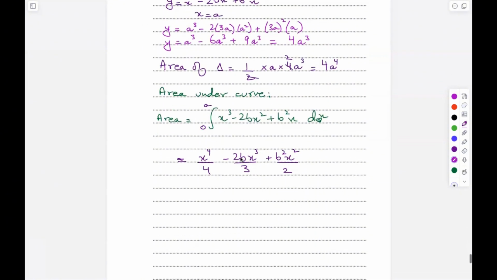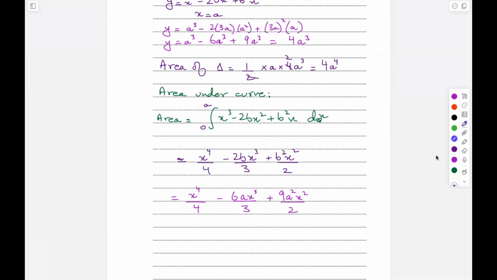Now we can substitute in place of b. We know that b is equal to 3a. So we can first write x to the power 4 upon 4 minus 6ax cubed upon 3, and substituting 3a up here, that will become 9a squared, so we get plus 9a squared x squared upon 2.